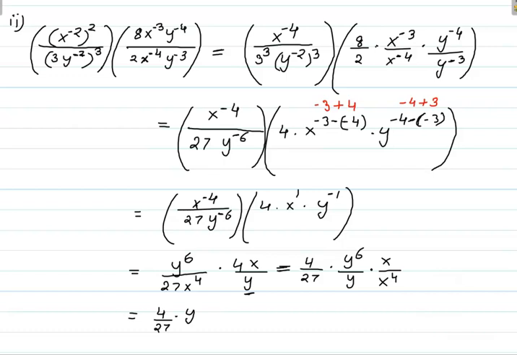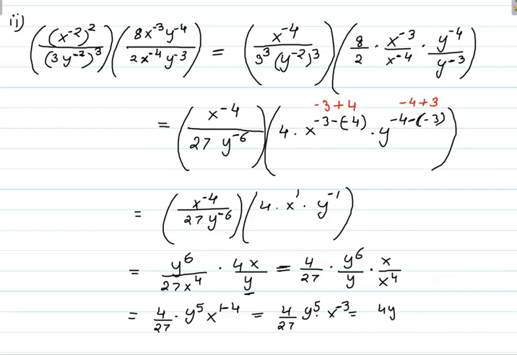So the powers get subtracted. 6 minus 1 gives you a 5 here, and x to the 1 minus 4, because on the top we have 1 and in the bottom we have 4, and it gives you 4 over 27 times y to the 5, and here we get 1 minus 4 gives you a negative 3, so you get x to the negative 3, and you move the power negative 3 to the bottom to make it positive.